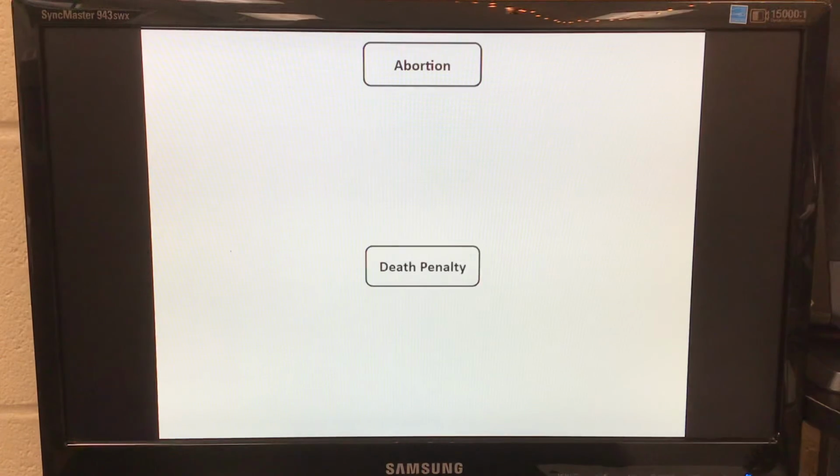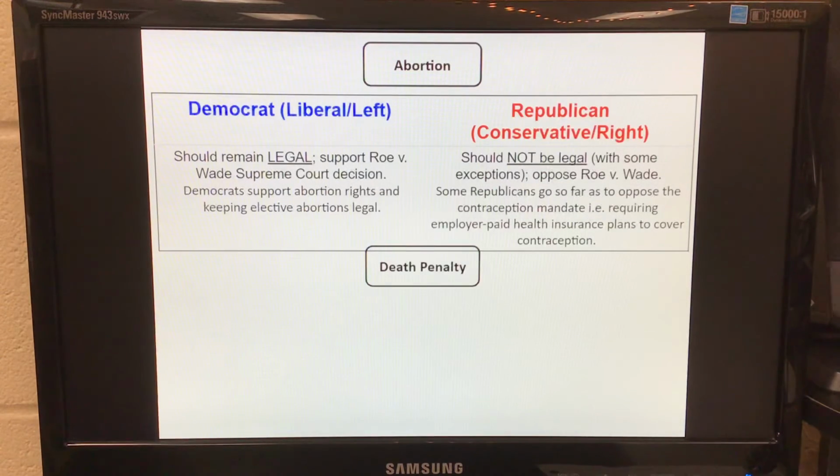Okay, abortion. This will also make sense when it comes to what we talked about with the religious right, okay? The Democratic Party believes that abortion should remain legal and they support Roe v. Wade, which means the Democratic Party is pro what? Choice, yes. The Republican Party, on the other hand, doesn't think it should be legal and opposes Roe v. Wade.